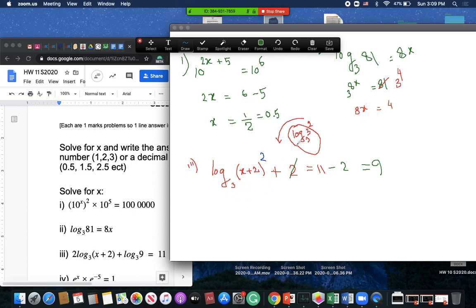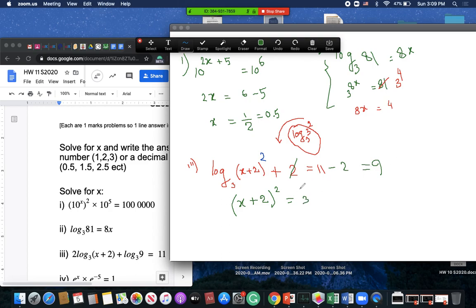Now we can convert it just like this part here. See, the conversion will look like x plus 2 whole square equal to, this whole thing equals to, this base will remain base, never change.